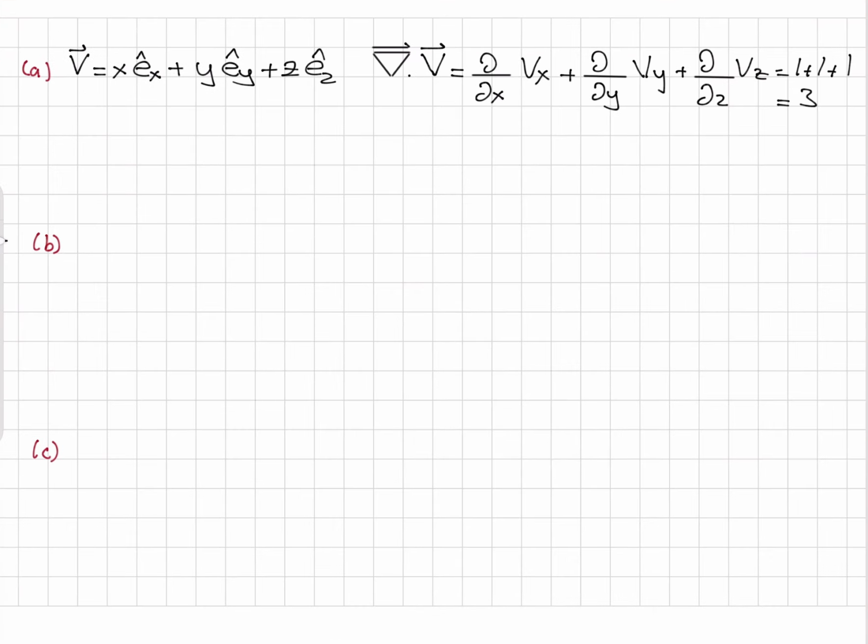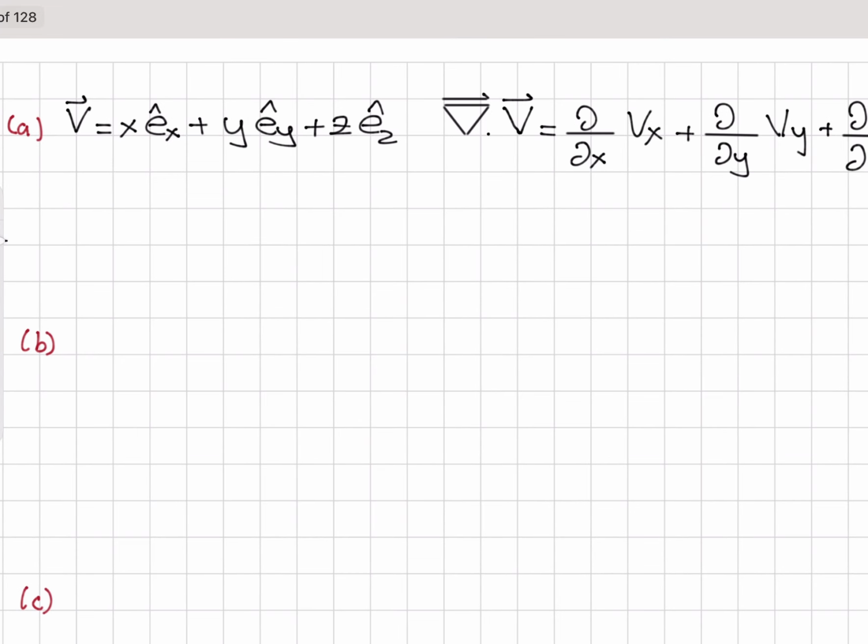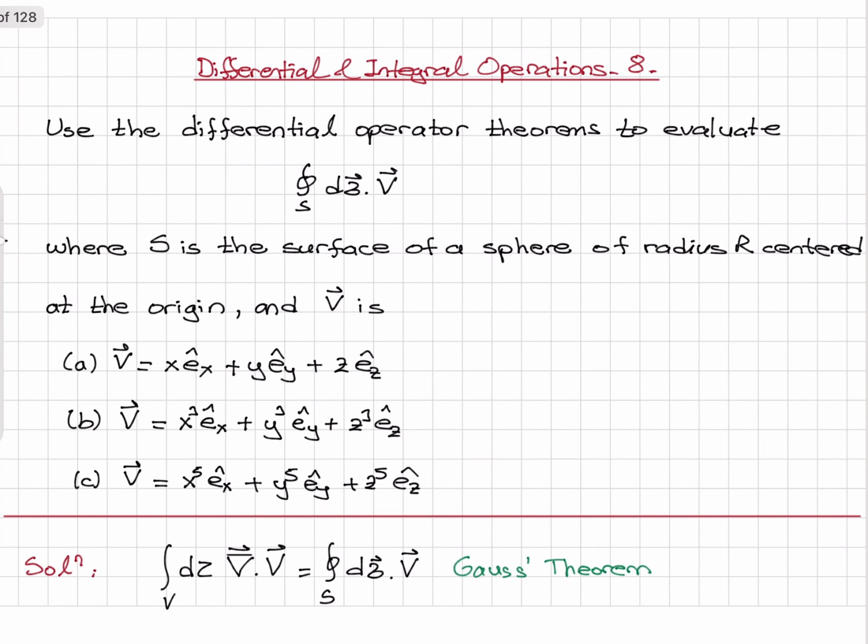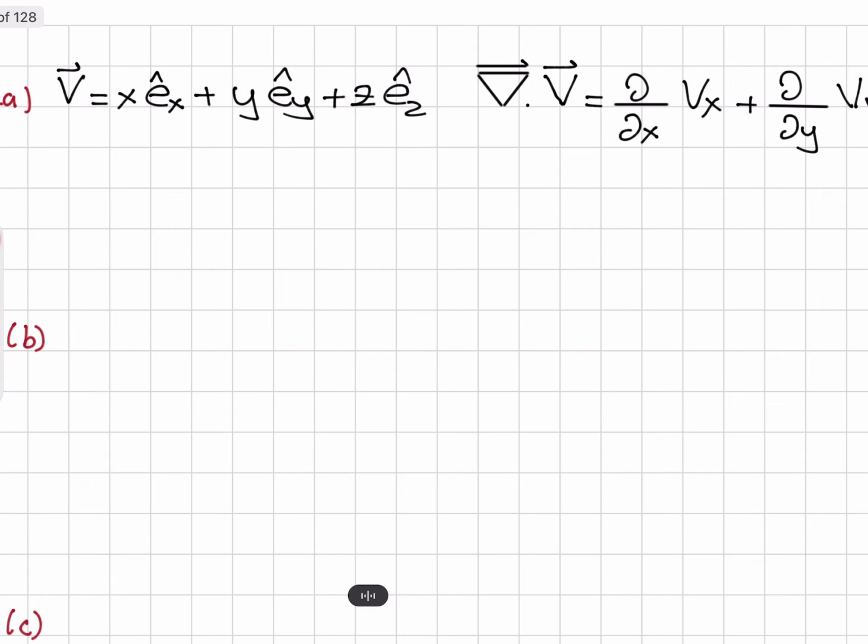Okay? So the integral of the divergence of V dτ I'm looking at is basically 3 times the volume integral dτ, which is the volume of a sphere centered at the origin, radius capital R. The volume is 4/3 π R cubed, the volume of a sphere.